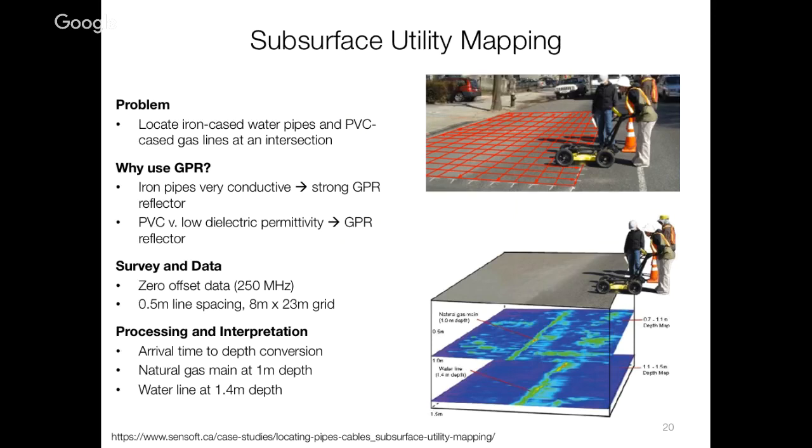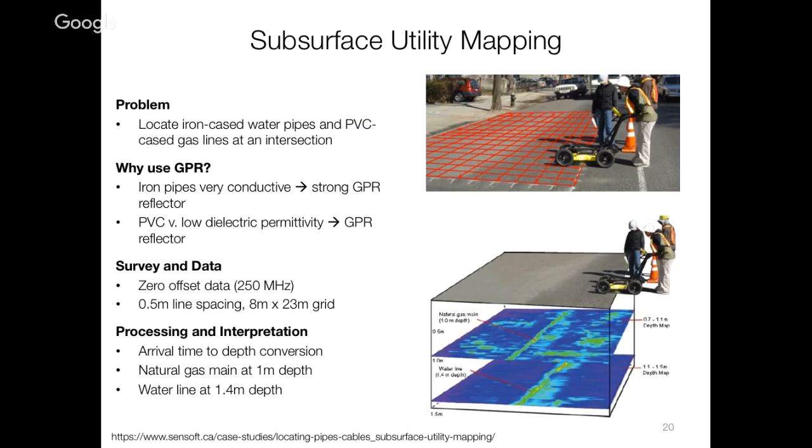It's kind of interesting because you can get a reflection, electromagnetic reflection, either from a change of the dielectric constant, epsilon, or conductivity. So in this case, there was both an iron pipe and PVC pipe. So the iron pipe was carrying water and the PVC was carrying gas. And these were two different depths.